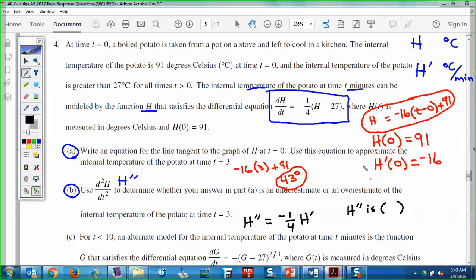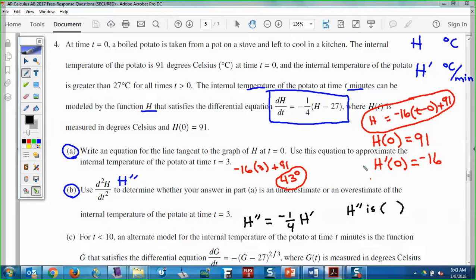How do you get negative 16? Well, here's h prime right here. So how are you going to find h prime of 0? You're going to plug a 0 in to h prime. Oh, but you can't plug a 0 in because that's little t, and there is no little t, but there is a big H. So when t is 0, what's big H? 91. So you put a 91 in for H. So you're finding h prime of 0, but there's no little t to plug the 0 into, but you can plug the 91 in. 91 minus 27 is 64.